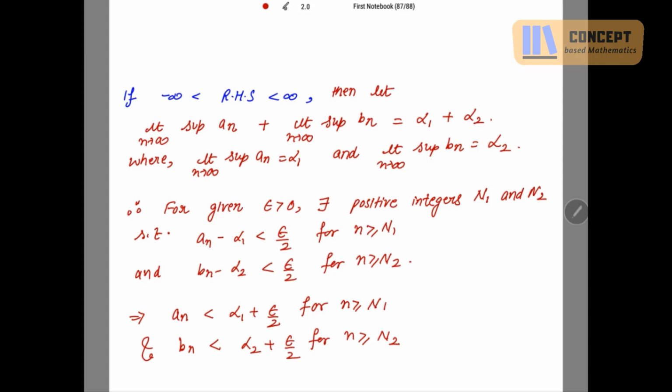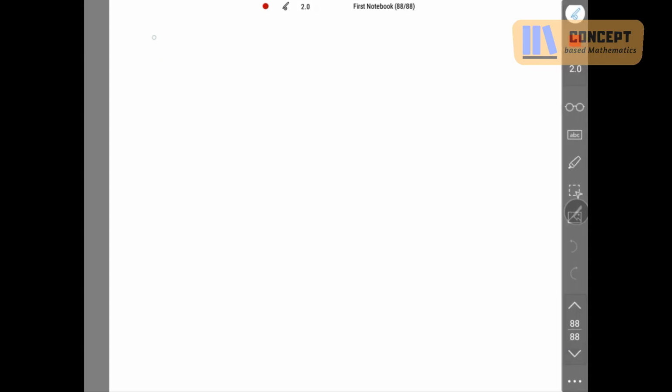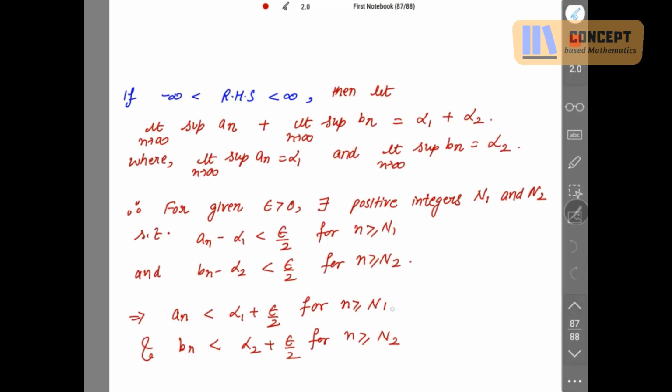Now let's take capital N to be the maximum of n1 and n2, because the first thing happens for n at least n1 and the second for n at least n2, so I take the maximum of n1 and n2 together.